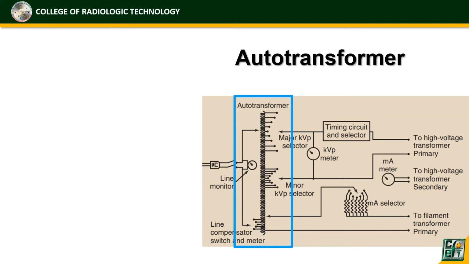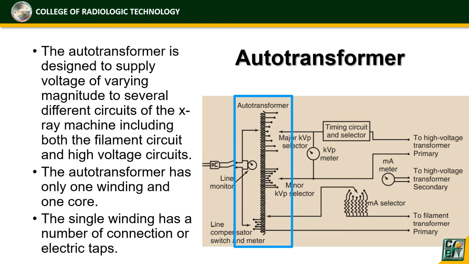Now we go to the second part, which is the auto transformer. Of course, we know that the auto transformer is represented by a single winding and one core.